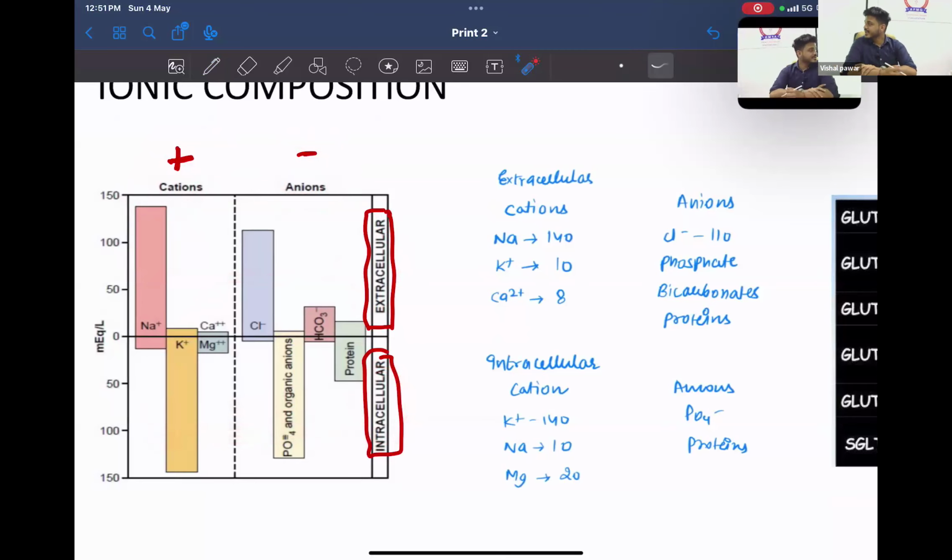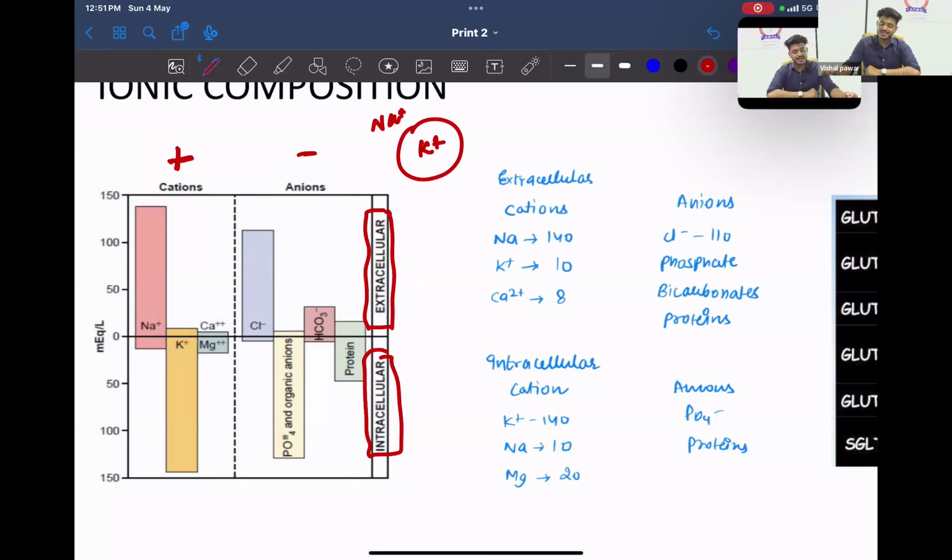Now the question: what is the most abundant extracellular cation? That means what is in the greater amount outside the cell? This is going to be sodium. Most abundant intracellular cation: sodium is always more outside, potassium is more inside.